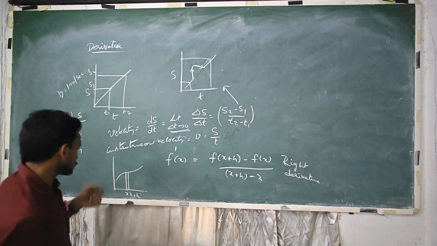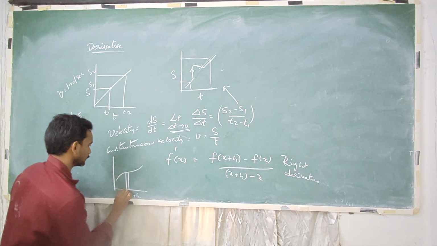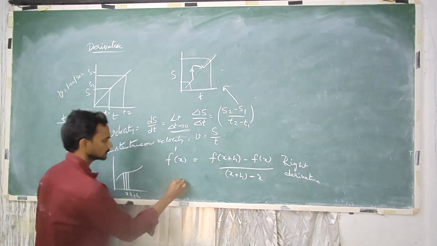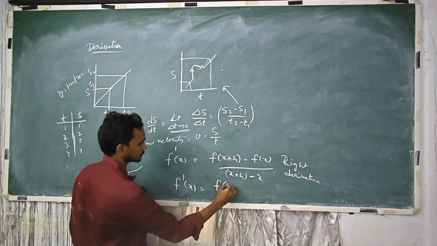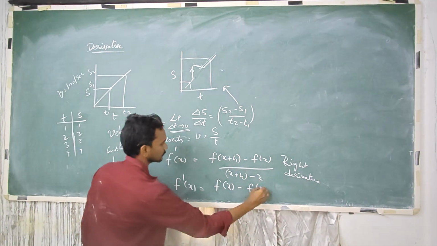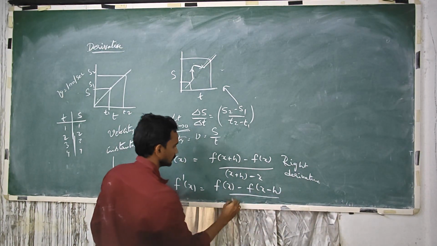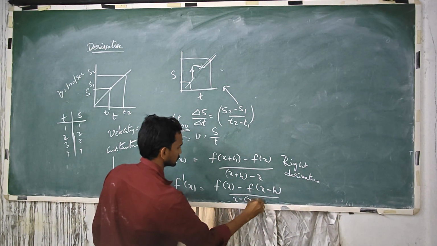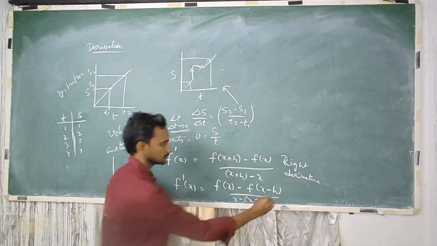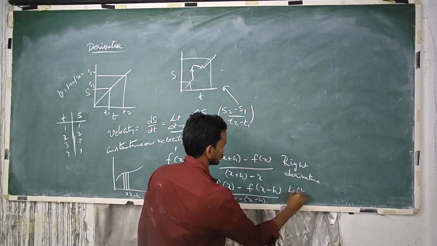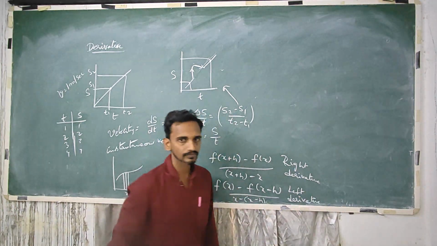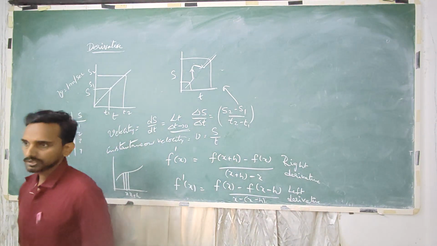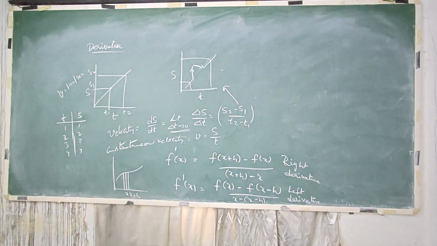Okay. I can also define the derivative from left side. So f dash x also can be defined from the left side as f of x minus f of x minus h by x minus x minus h. This is called left derivative. Right?